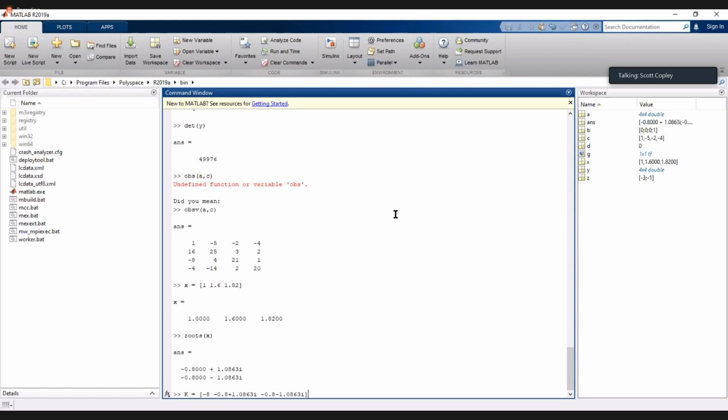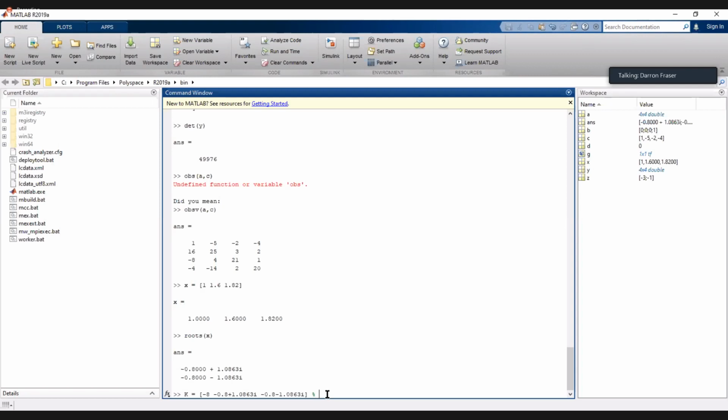Okay, sir. All right, so K represents the poles of the system that we now want. This is the design. So you can put a comment inside there, with the percentage sign in MATLAB.